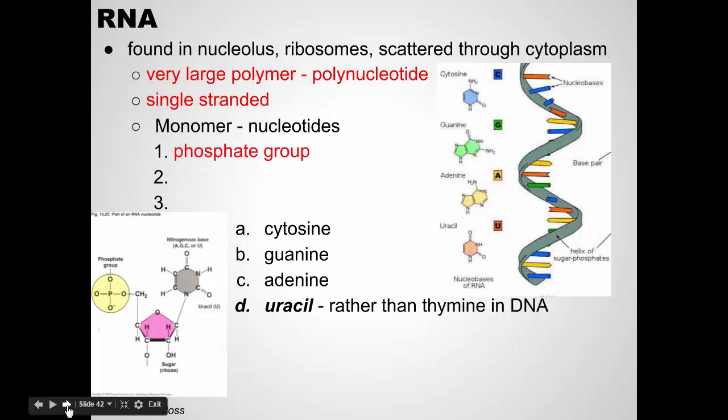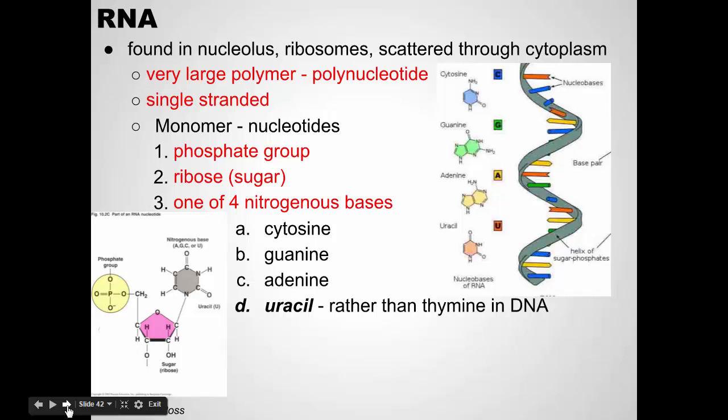It's a phosphate group, has a sugar group, which in this case is ribose, and then it has, what's the third part? Base. Yeah, base, a nitrogenous base. One of four possibilities. And the possibilities are similar.